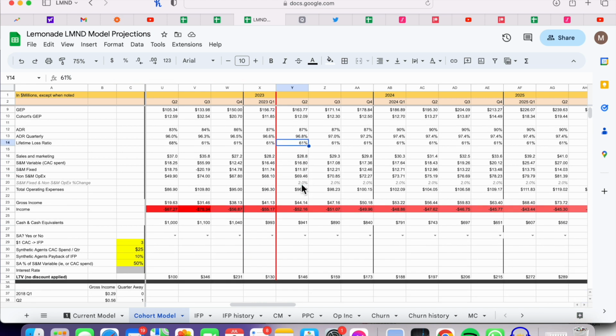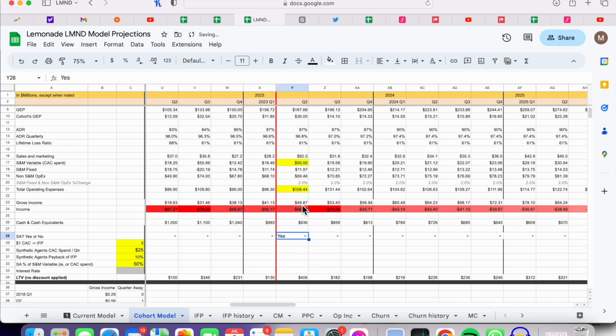And then I've built in a function where you can turn on the effect of synthetic agents. If for any of these quarters you want to hit yes, it's going to flip on synthetic agent math, at least for quarters going into the future. I'll also highlight some of the important cells.